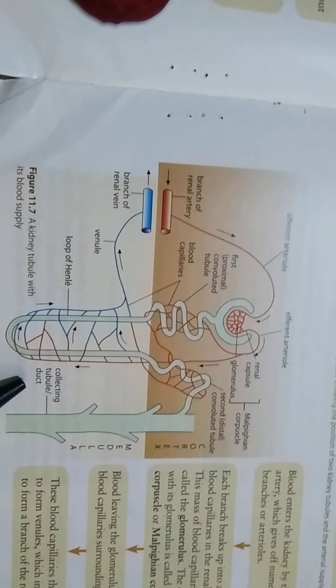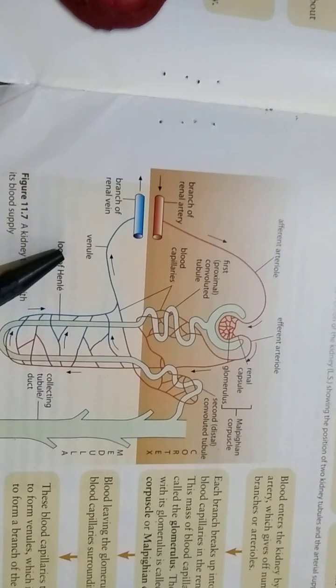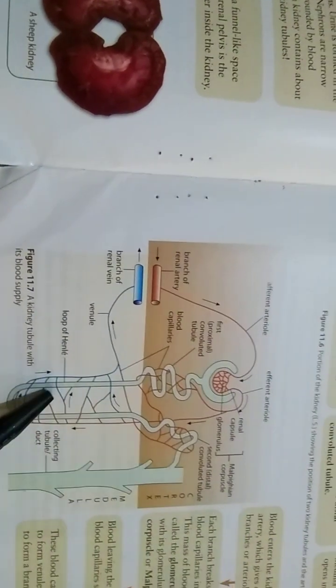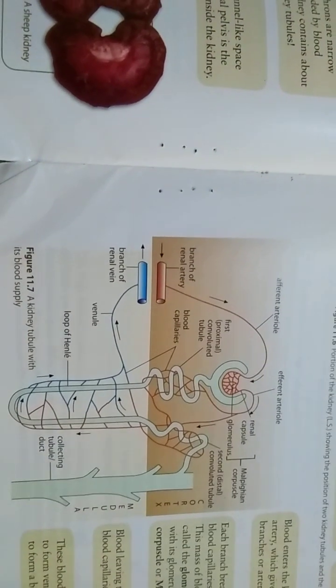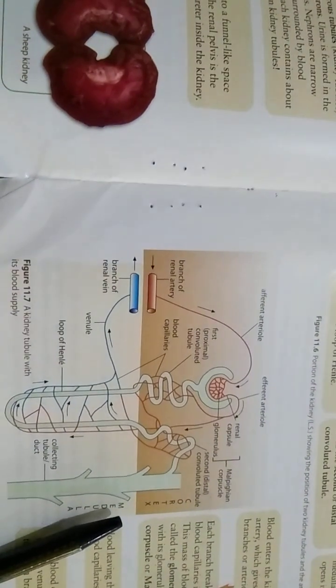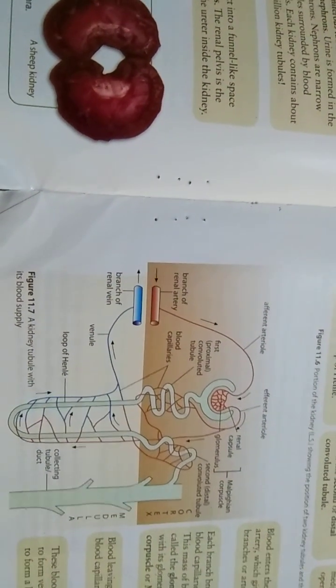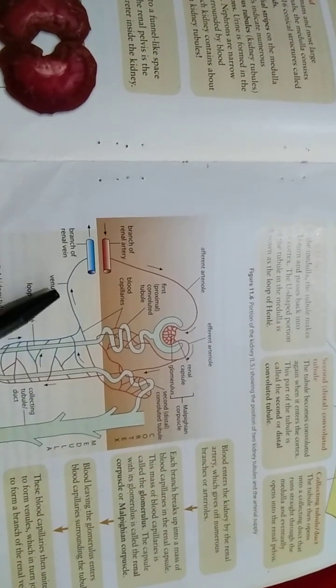Here is the collecting duct, the venous part, the loop of Henle, and the branch of the renal veins.